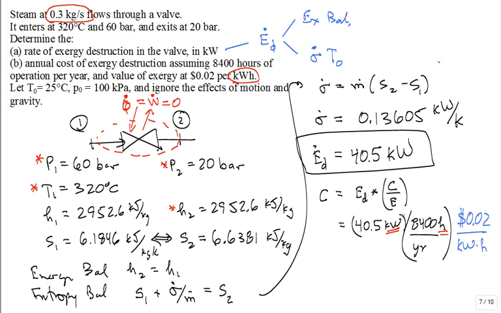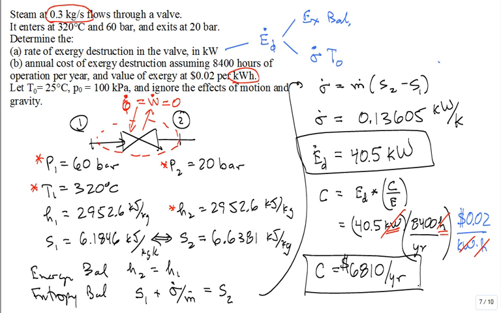Let's go ahead and get rid of the kilowatts, get rid of the hour, and then we'll have so many dollars per year, right? So we'll get the cost, $6,810 per year.